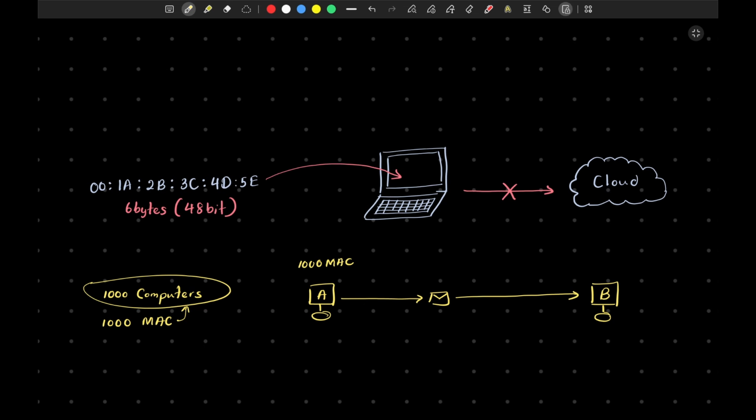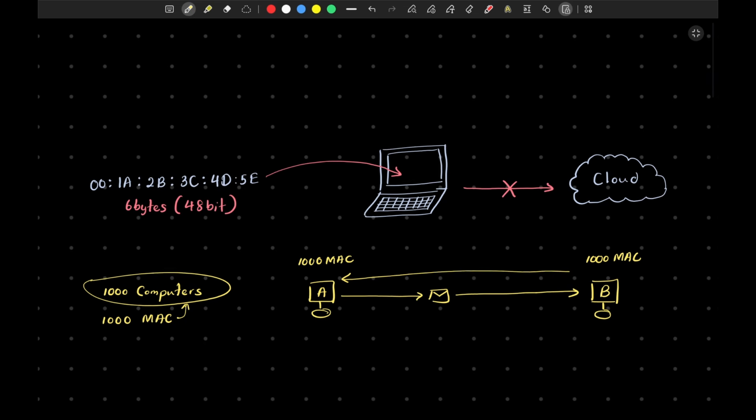The problem is, storing 1,000 MAC addresses is fine, let's say. The next problem is that computer B also has to store all those 1,000 MAC addresses in order to send the response back, because B is also in the thousand-computer network, right? So B also has to go through each MAC address, find A's MAC address, and send the data.